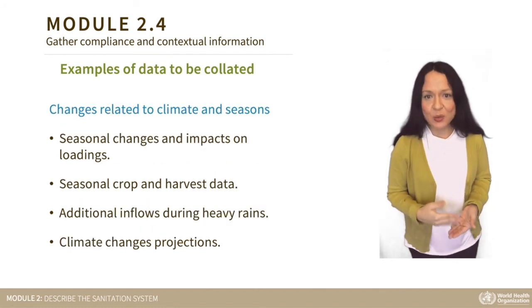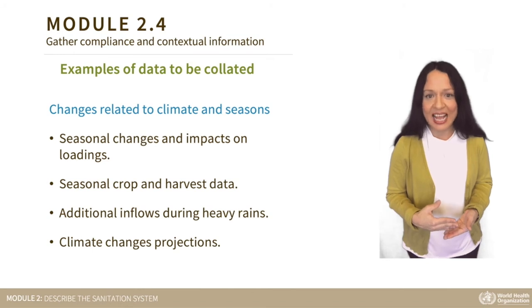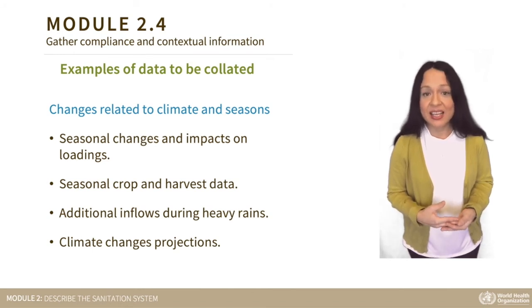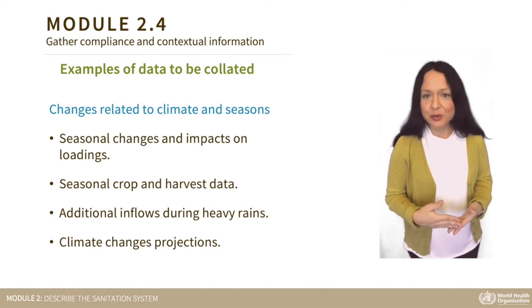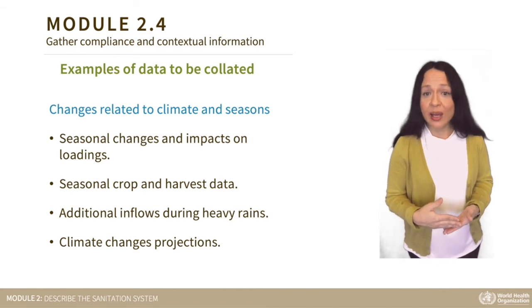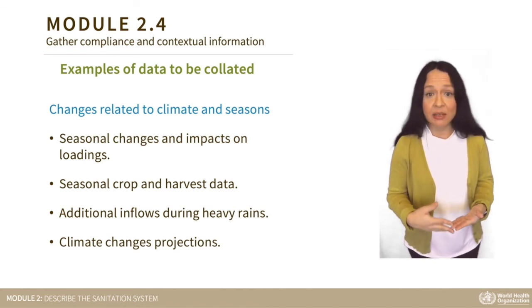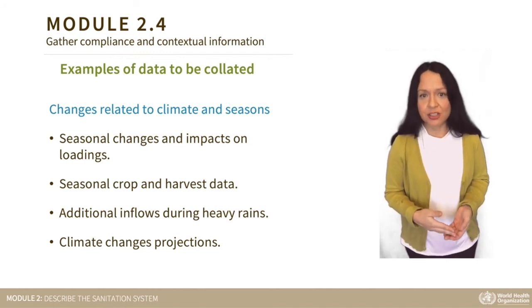And finally, we should collect information about changes related to climate and seasonal conditions. These include, for instance, seasonal variation of use of wastewater due to type of crops or type of harvest, seasonal crop and harvest data, additional inflow areas during heavy rains and implications on treatment steps, and climate change projections.